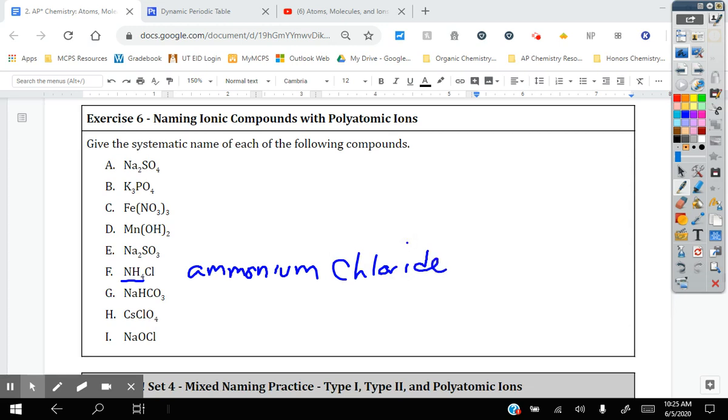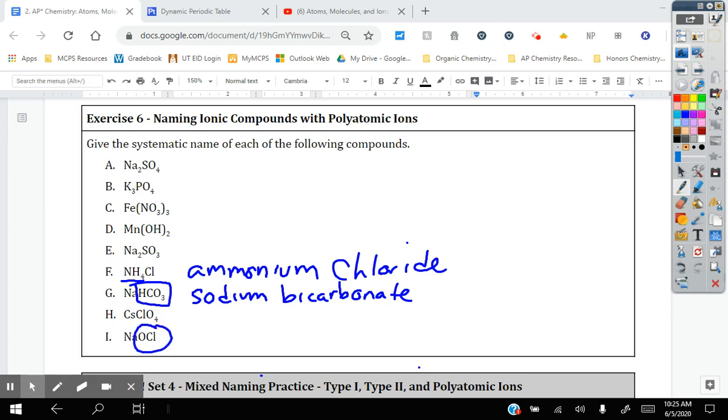Ammonium is the one you're going to have to look out for because it's the only positive one we're dealing with. So just be on the lookout for that. Not to be confused with NaHCO3, which is sodium, and then HCO3 looks like carbonate, but is actually bicarbonate, which, fun fact, is your baking soda, sodium bicarbonate.